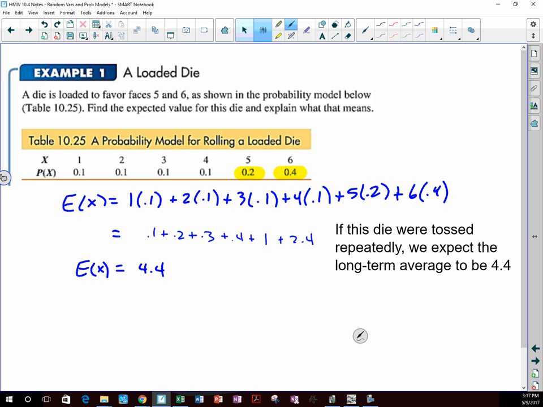We could do the same thing here, where we made the outcomes L1 and the frequency with which they occur, which is the probability, our list 2, and then make that our frequency list. That'd be another way to handle this problem. You could use your calculator, use L1, L2, and then do one variable stats, and your X bar would be your expected value in your one variable stats.